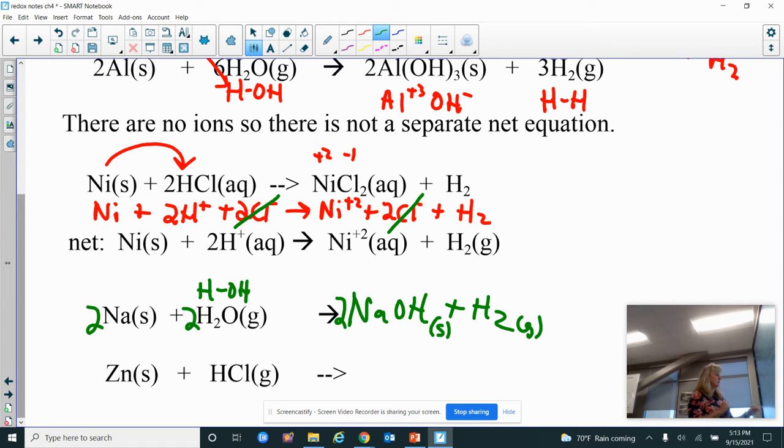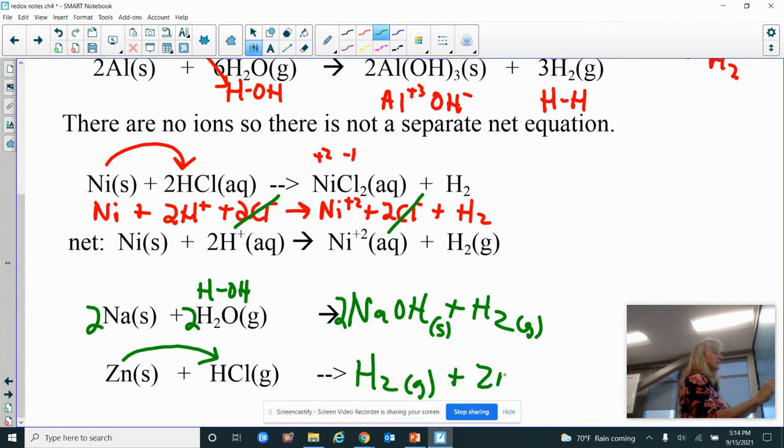Okay, so then this one, same, zinc solid with hydrogen chloride gas. Still, the zinc is going to replace the hydrogen and make H2, and that will be gas. And the zinc is going to combine with the chlorine. Zinc is plus 2, so we would need 2 chlorides.